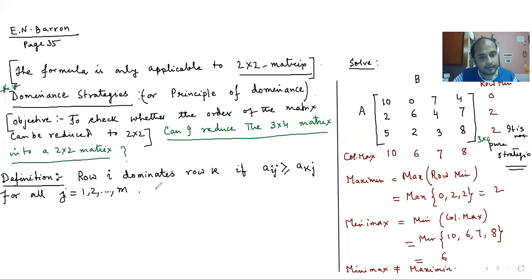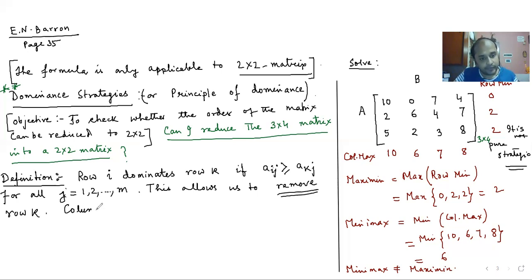This allows us to remove row k. First you write, then I will try to make you understand.